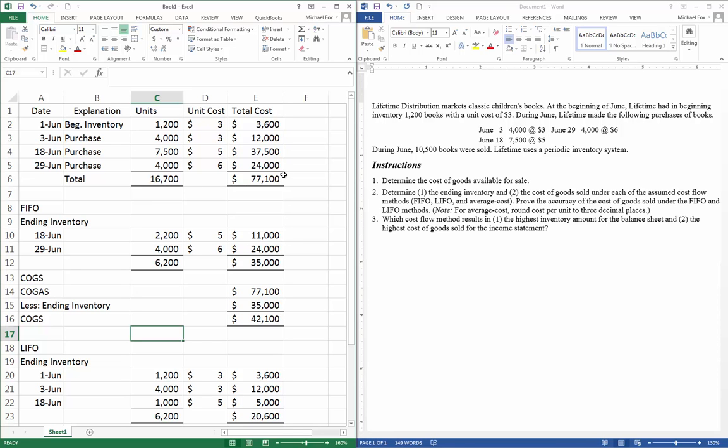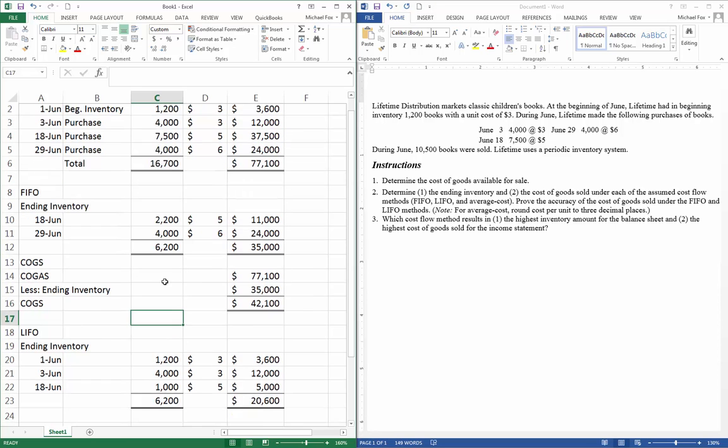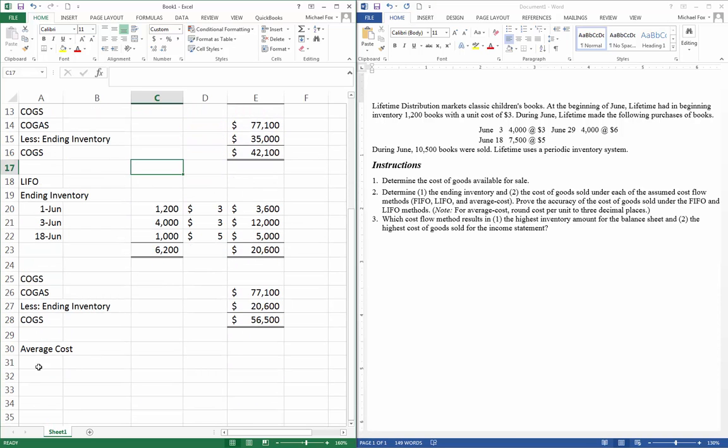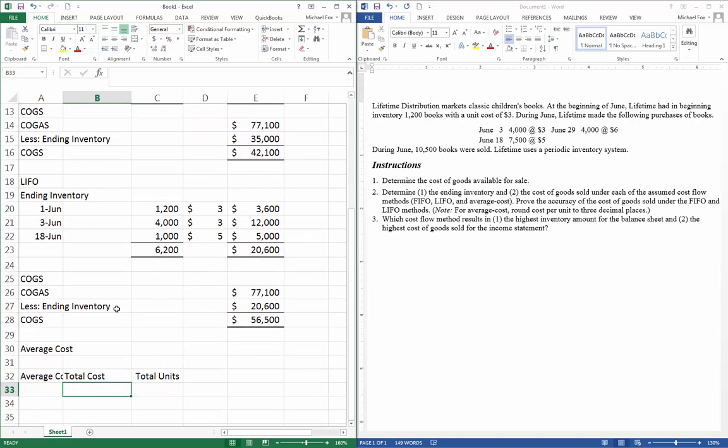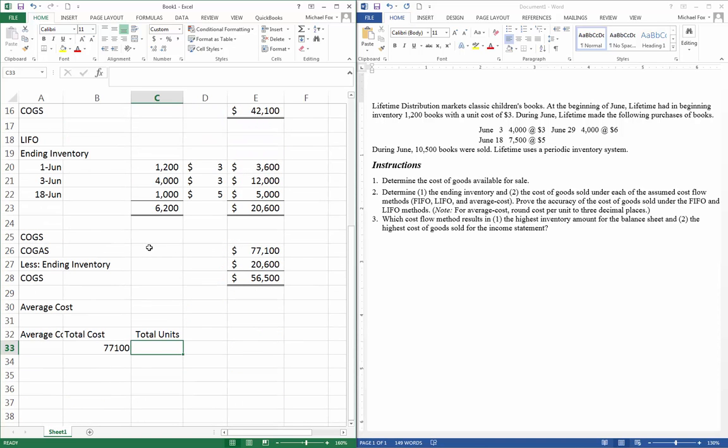So if we divide our total cost by our total number of units, that will give us an average cost per unit. So the total cost was $77,100. Total number of units was 16,700.